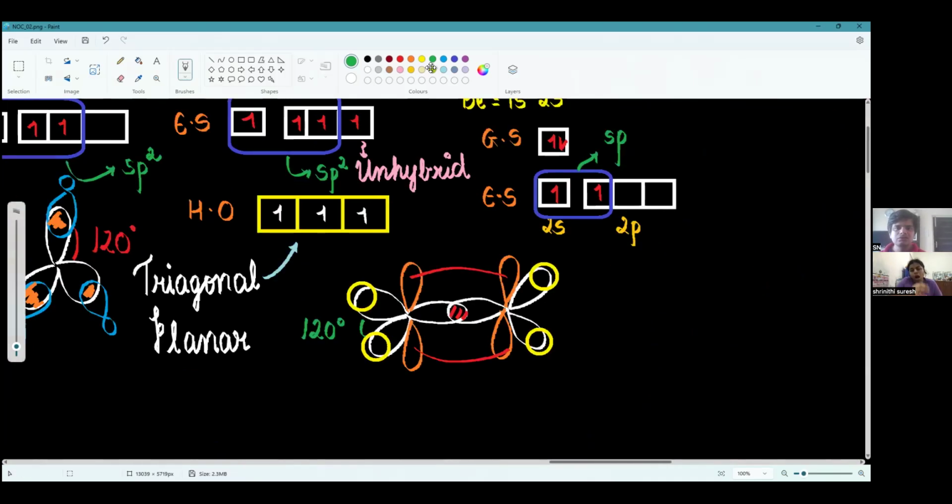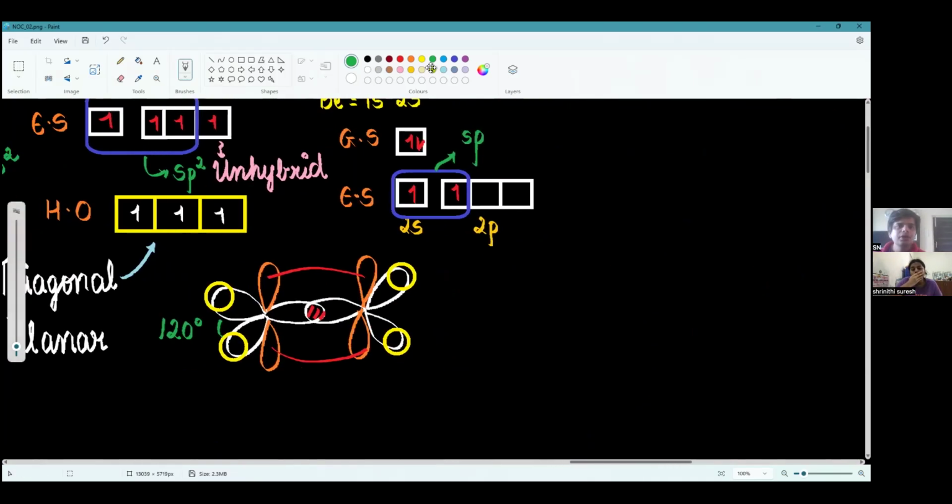So linear geometry, how are you going to draw it? There are two hybrid orbitals. So first we'll draw the hybrid orbitals over here. In hybrid orbitals, there are only two orbitals, because only two atomic orbitals are overlapping.